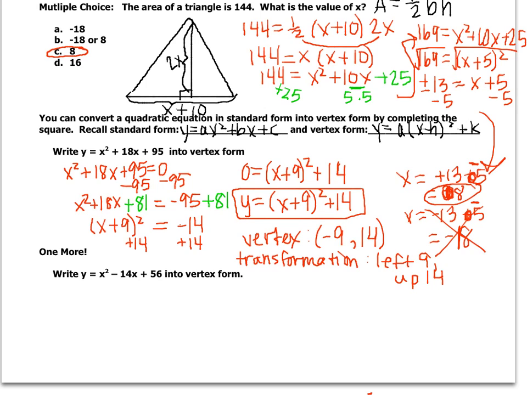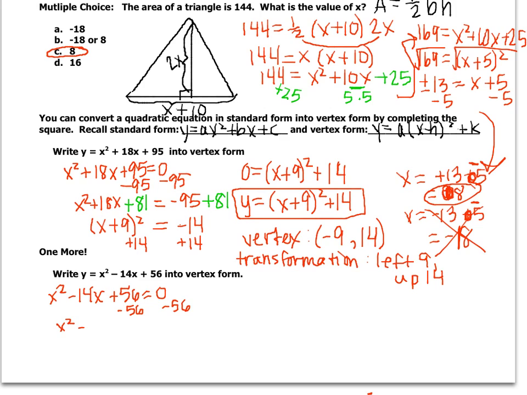One more problem here. Let's change this one into vertex form as well. So it is x squared minus 14x plus 56 equals 0. Well, half of negative 14 is negative 7. Negative 7 squared is not positive 56. So I need to move that 56 to the other side.